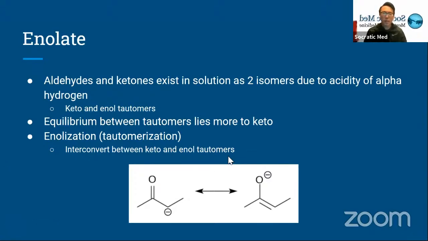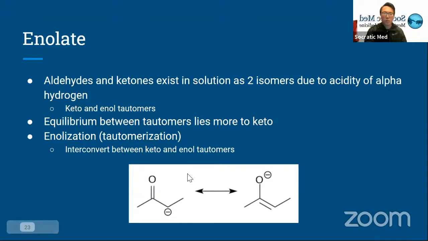Ketones and aldehydes exist in solution as these two molecules on the bottom. The double bond will either be between the carbonyl carbon and the oxygen, or between the carbonyl carbon and the alpha carbon.